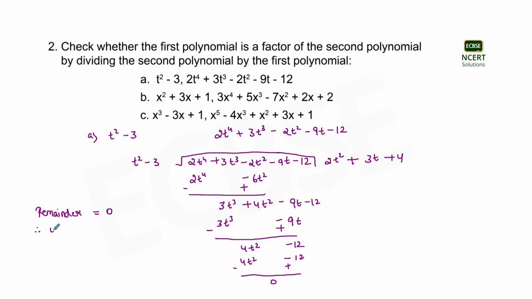Therefore, t square minus 3 is a factor of 2t raised to power 4 plus 3t raised to power 3 minus 2t square minus 9t minus 12. So this is how we solve part A of this question.